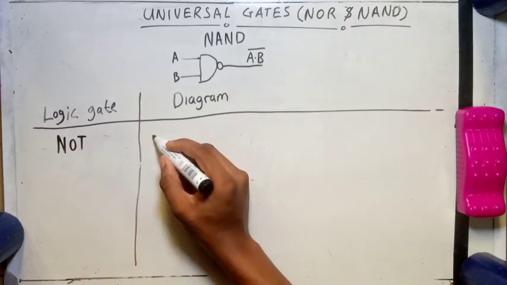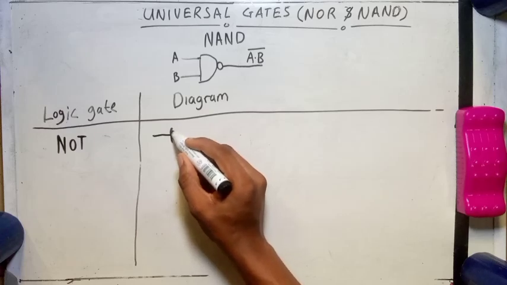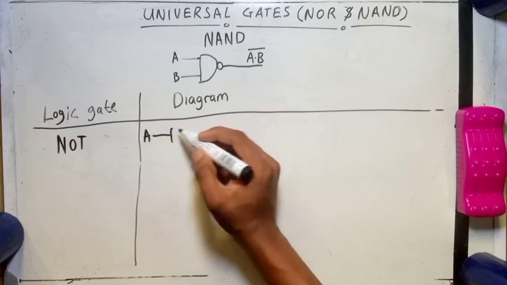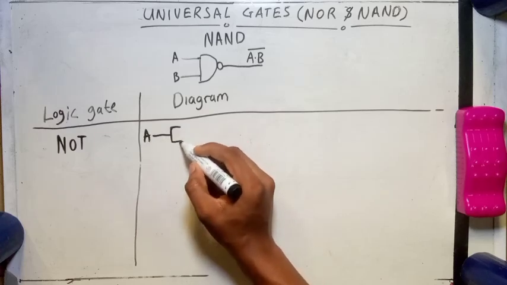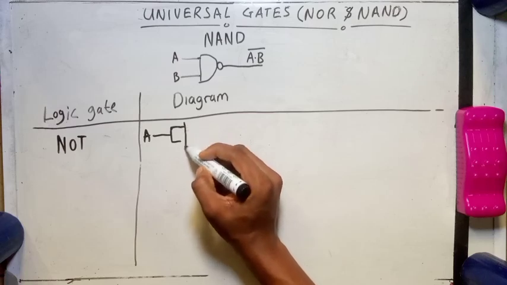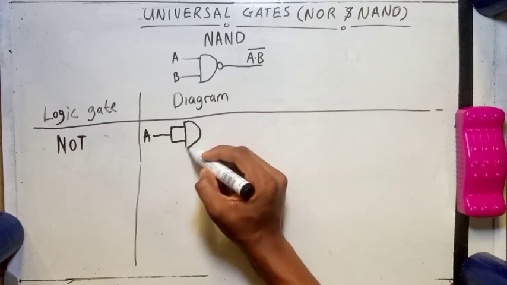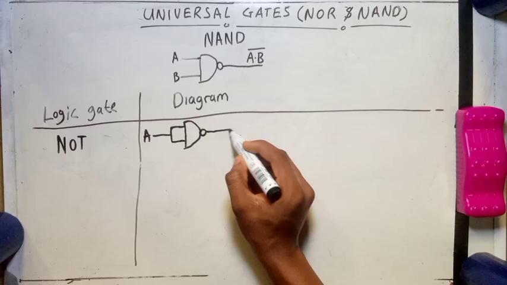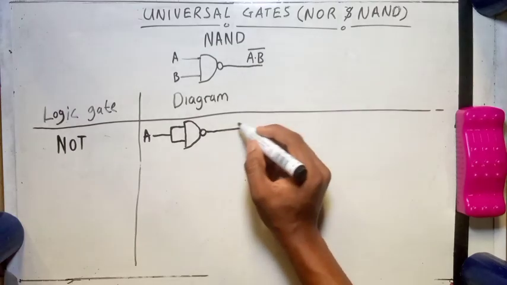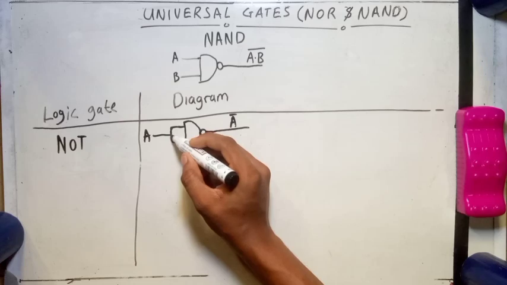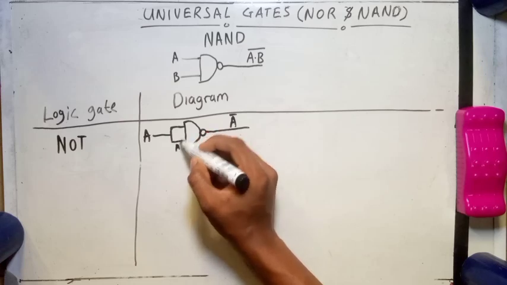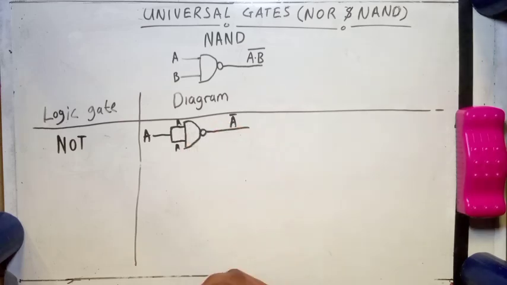Our NOT symbol will be this. You have your one input, then you split the input into 2 to go into the 2 inputs of your NAND. So at this place we'll be having A, and at this point it is split into 2. A went here and that A went here.